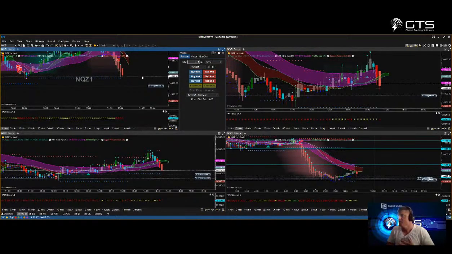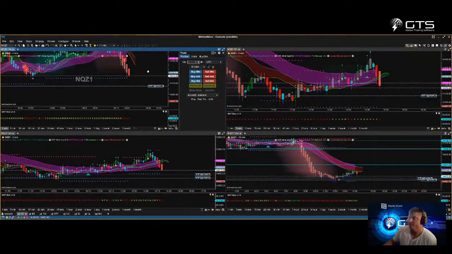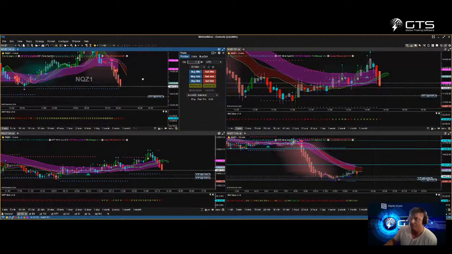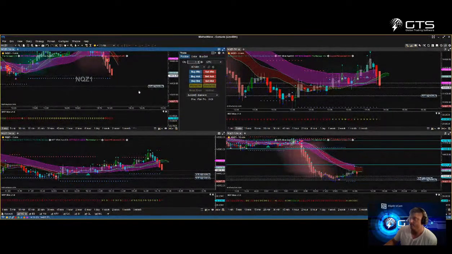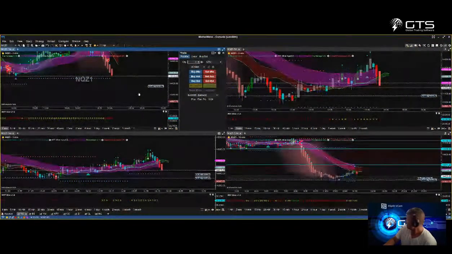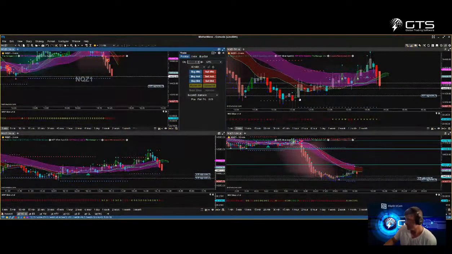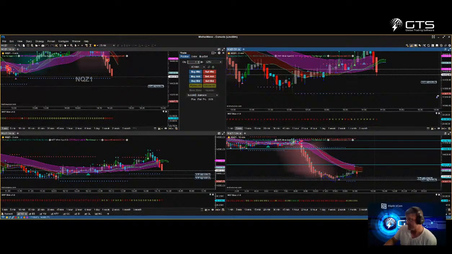There you go. Oh, look at it go. Man, this is great. That literally just took a 40-point dump, breaking the support here. But like I said, it's got to get back down here and push.